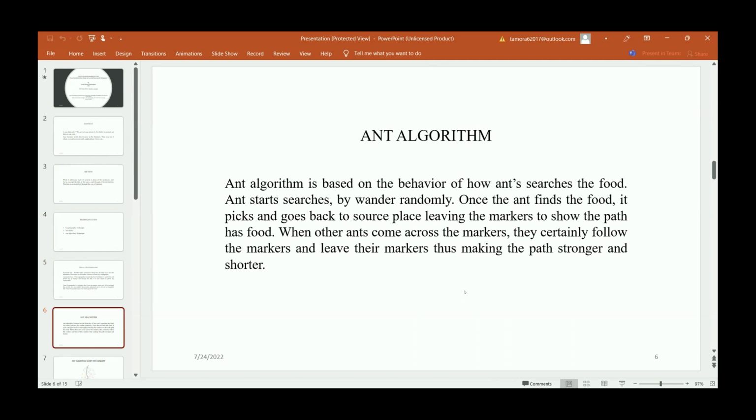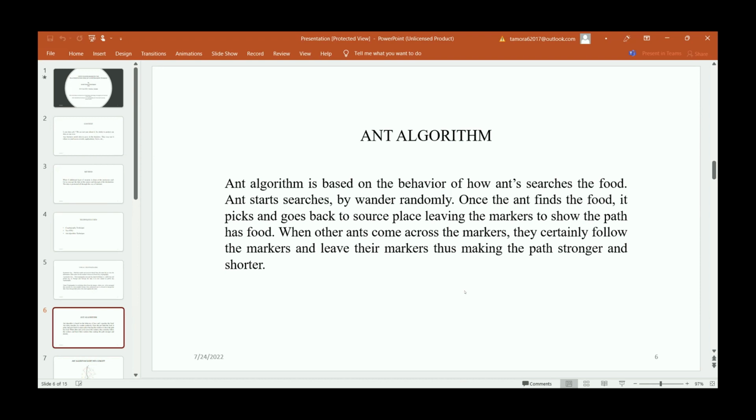The ant algorithm works generally based upon how ants search for food. The ants go randomly to different places searching for food.